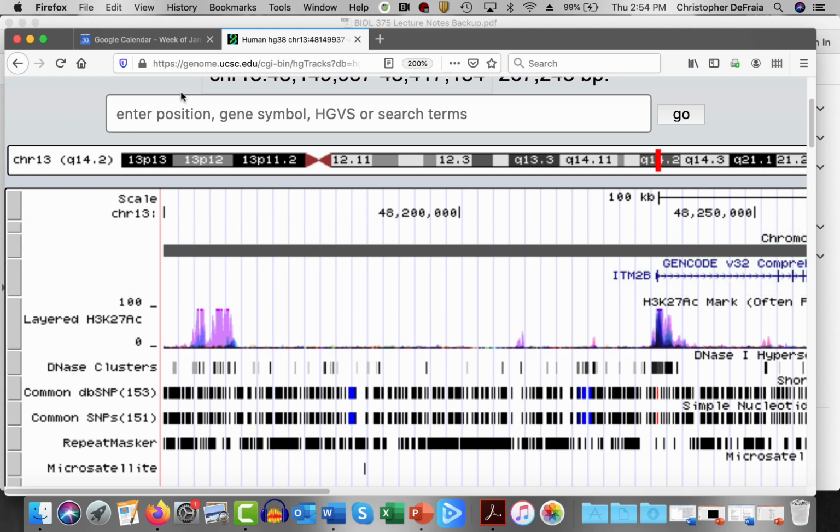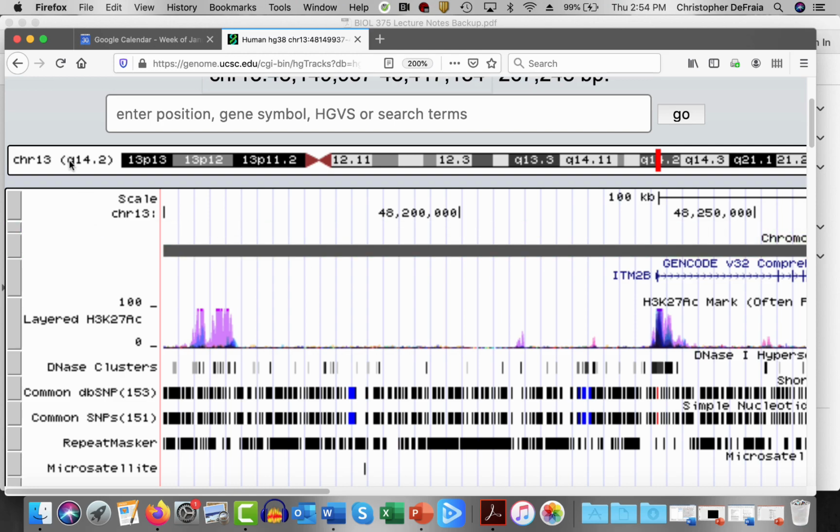Now, the nice thing about the Human Genome Browser is it also shows us the cytogenetic location within a cytogenetic map, and that's shown up here. Here we can see the centromere of this chromosome, and we can see we're on chromosome 13, and it shows us in parentheses the location on the cytological map of the location that we're looking at in the genome browser.